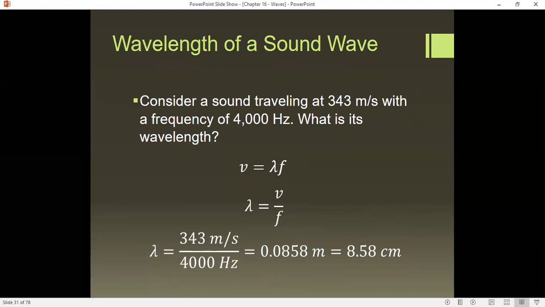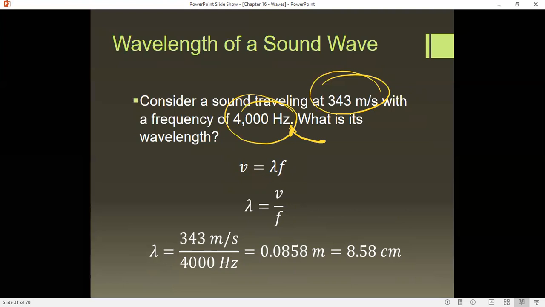Let's calculate wavelength from velocity and frequency. Here we have our sound wave again, traveling at 343 meters per second. We have a 4,000 hertz sound. We recognize this 4,000 hertz as the sound that humans can hear the best.